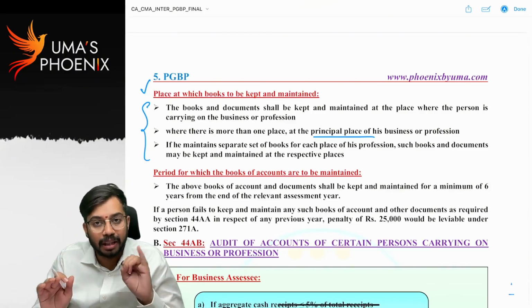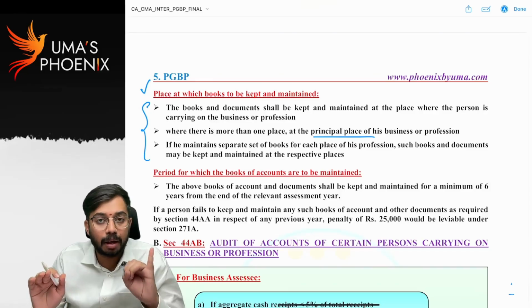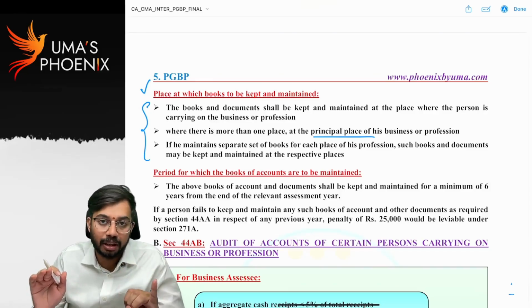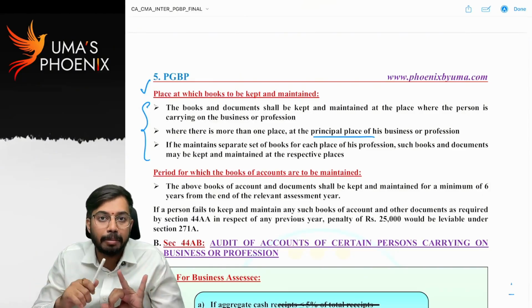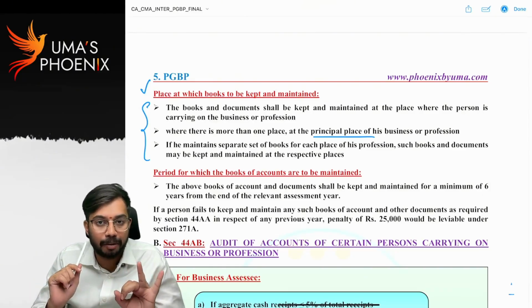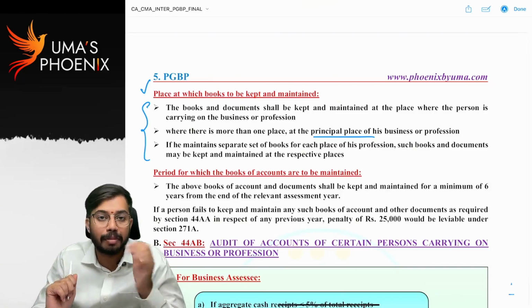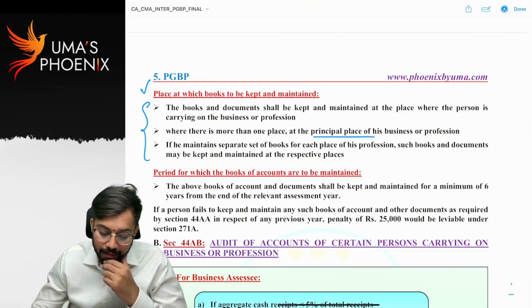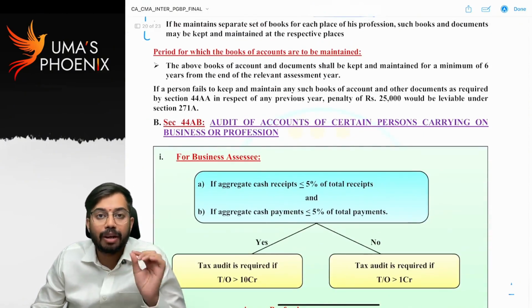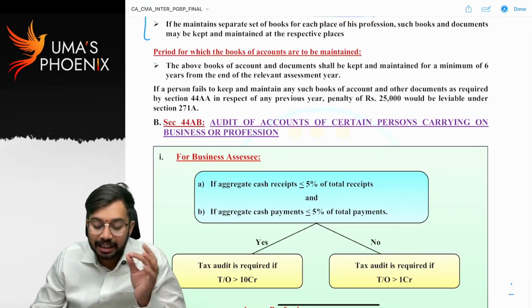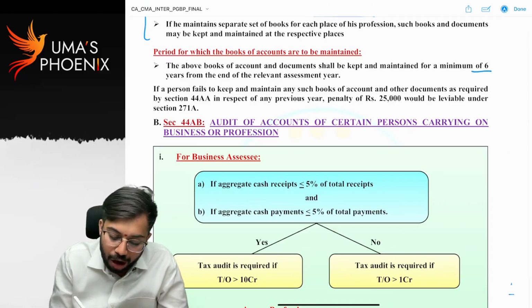Simple. Generally, books are to be maintained at the place of business or profession. If there are multiple places, they are to be maintained at the principal place of business or profession. If branches are there and separate sets of books are maintained for branches, they are to be maintained at the respective branch offices. Simple.